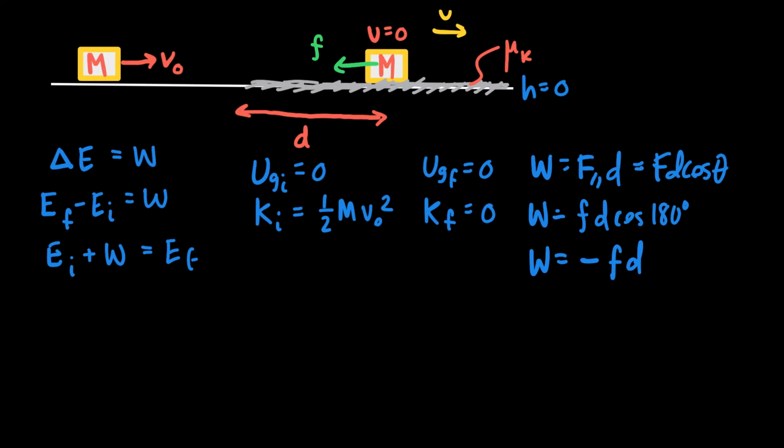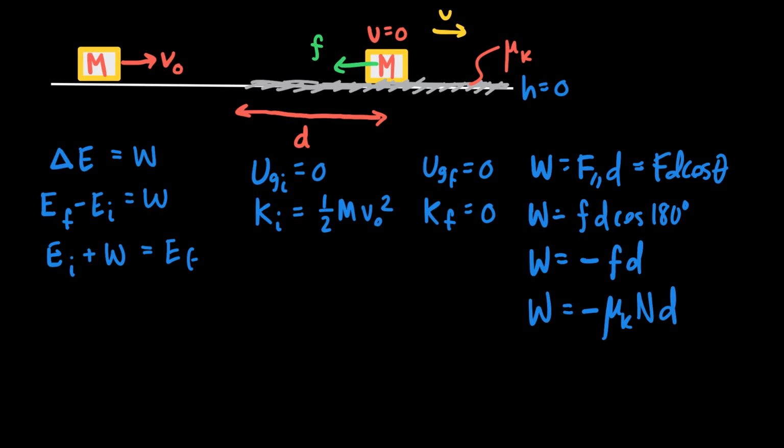We should expect that because the frictional force is slowing down the box, it's taking energy away from the box, and so the work should be negative. I'm going to take this one step further and write the work as minus mu k times n times d.